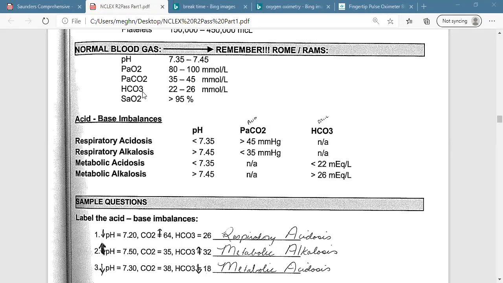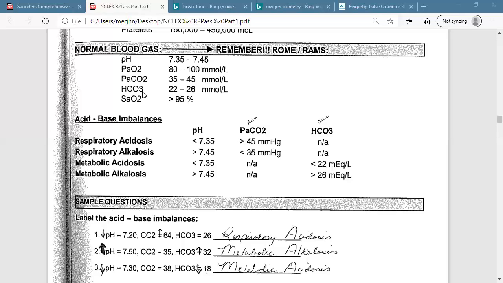So vomiting, or sometimes suctioning, or pyloric stenosis, all are problems of the upper GIT.